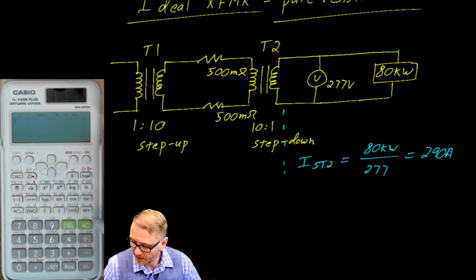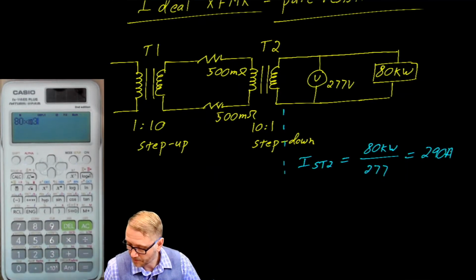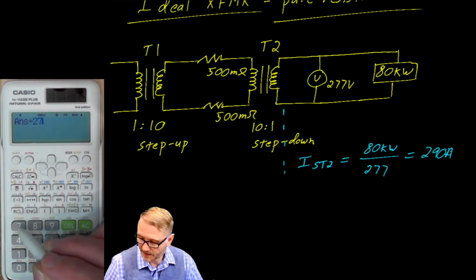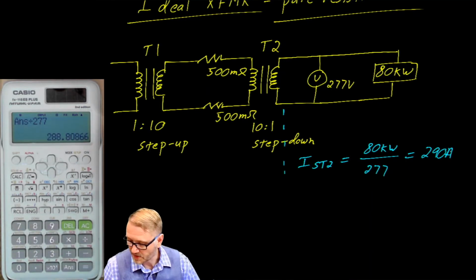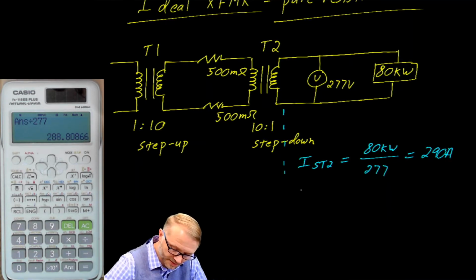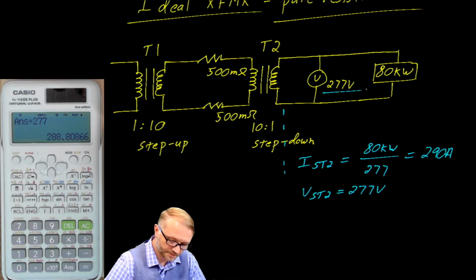So that would be 80,000, or you could go 80 and then use the 10x button, and then a 3. Same thing. And that's all divided by 277, which gives us the 290 amps. And we also know that the voltage on the secondary of T2 is 277 because it says so right there.